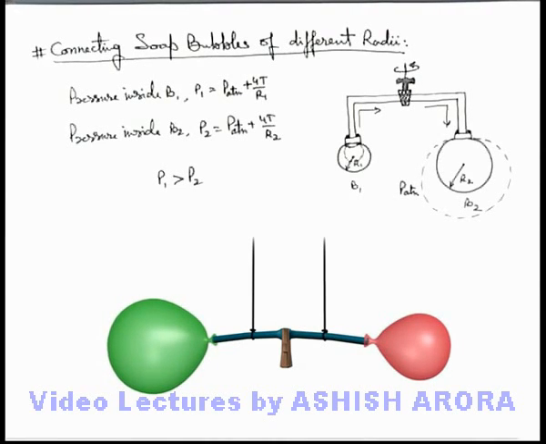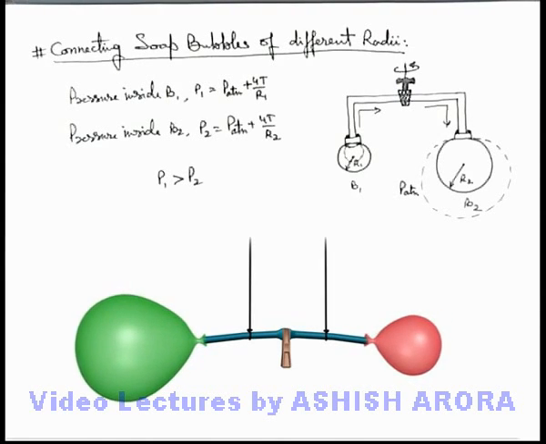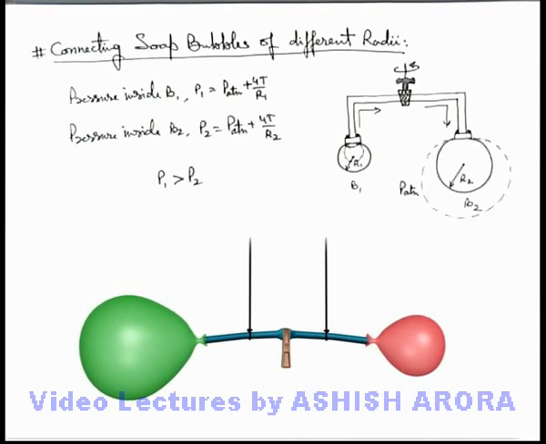In this situation, as more air is trapped in the left side balloon, its surface will be more stretched compared to the right side balloon in which less air is there. That means we can say the pressure in the left side balloon will be more compared to the right side balloon.